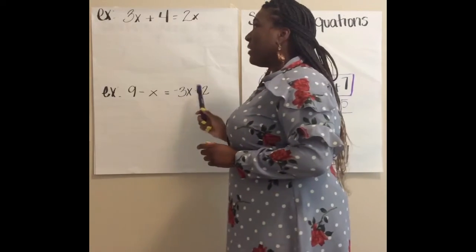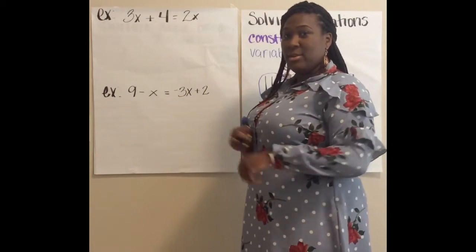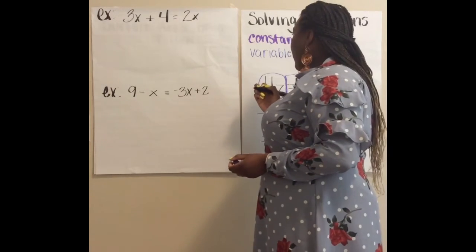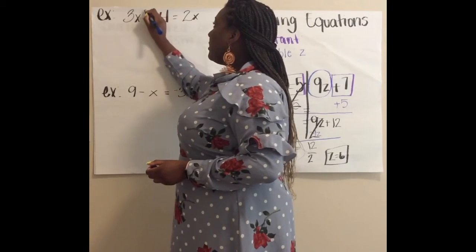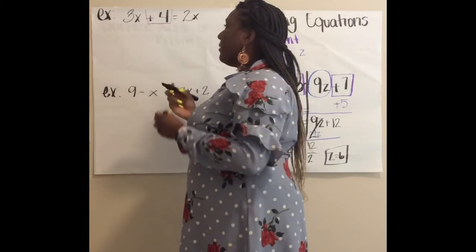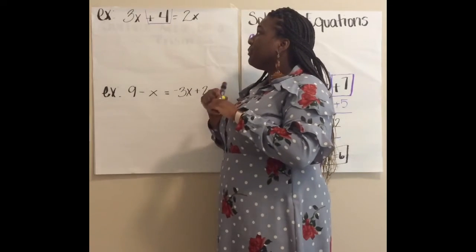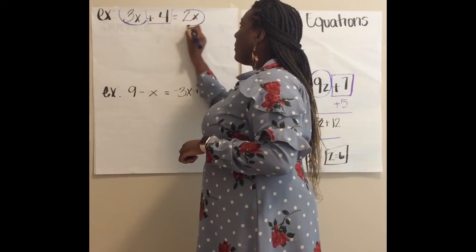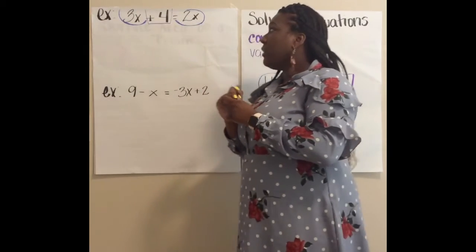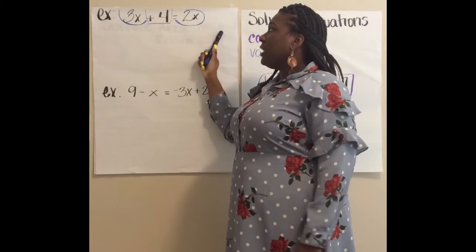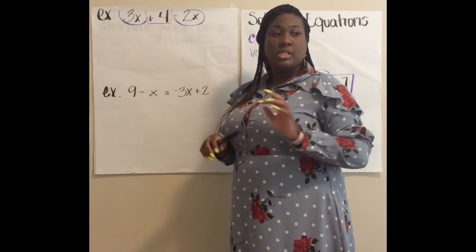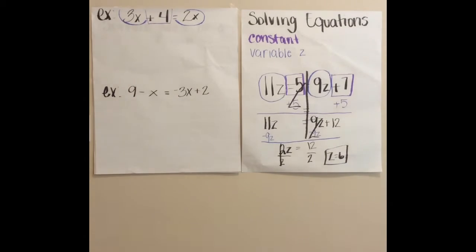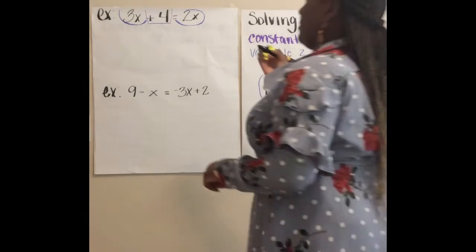Okay guys, so now we're going to work 2 example problems on solving with our variable. The first thing is we're going to take our marker and box our constants. And then we're going to circle our variable, right? If you notice here, it only has one constant. Don't let that trick you up. We're going to draw a line down the middle.